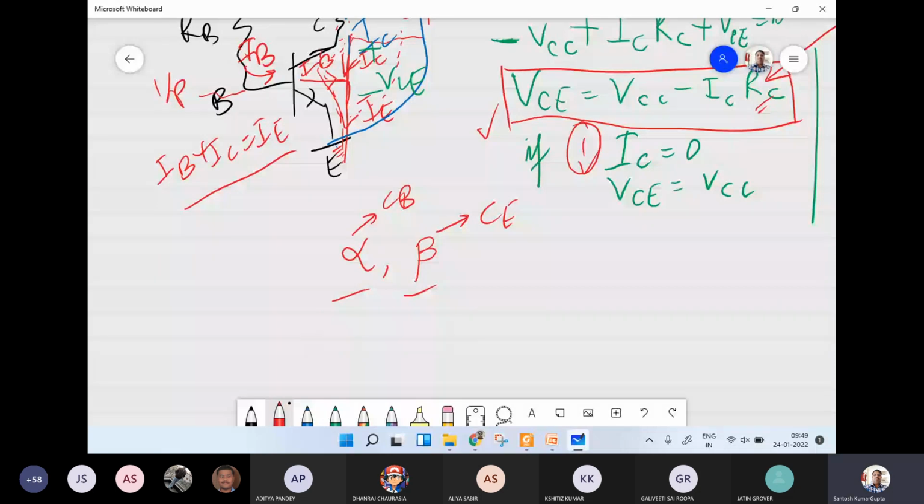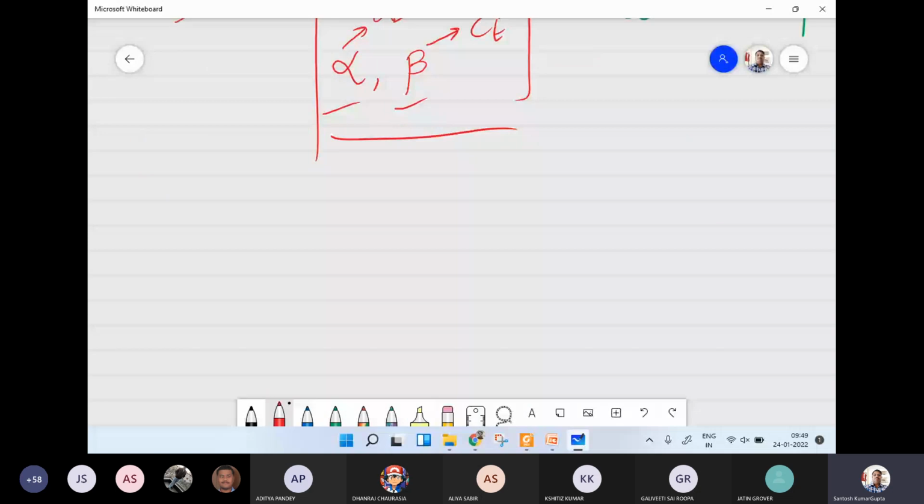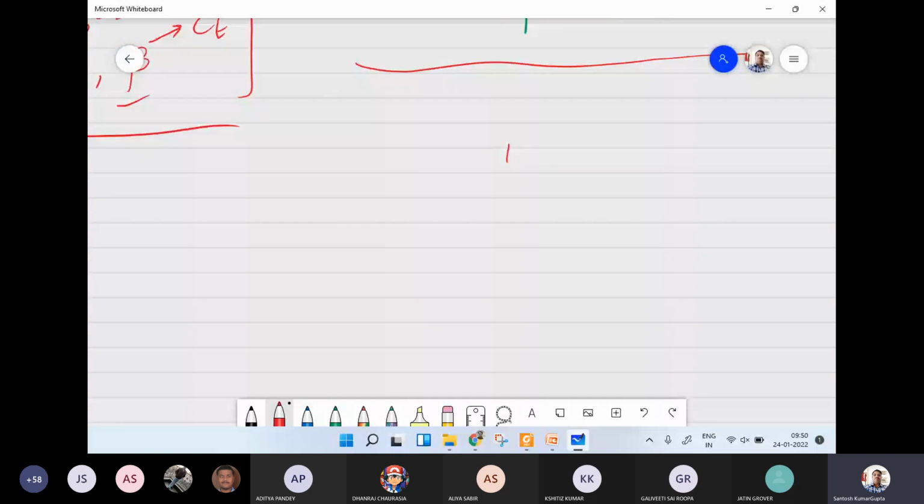So these alpha or beta are going to be very important for us. So this was the graphical method. Now let us try to do the equation based calculations for the same circuit here. So again let us redraw the circuit here.